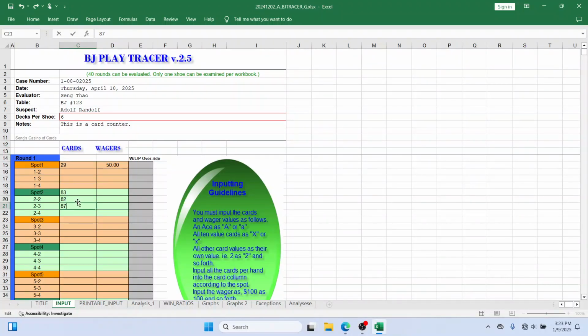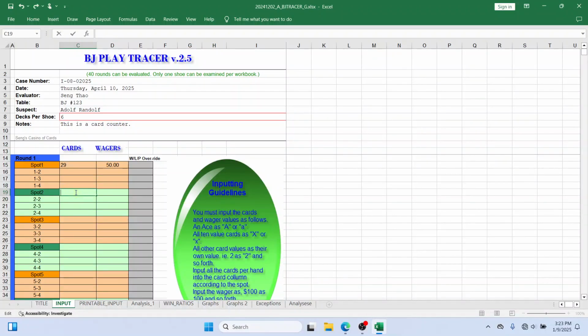If they take a hit card for this hand, let's say they received a 5, and this split hand they received an ace, and then this hand here received an X. Under each spot here, the player is allowed to split 3 times, for a total of 4 hands. So that's how you would input the cards inside these fields here.